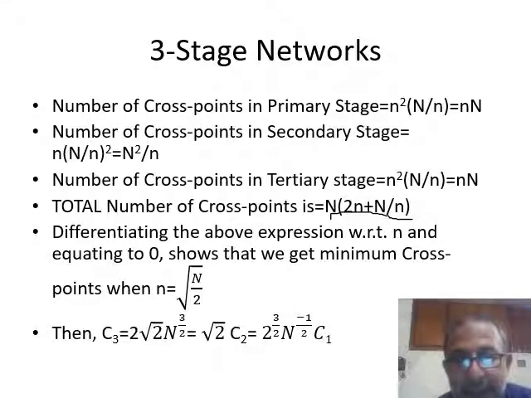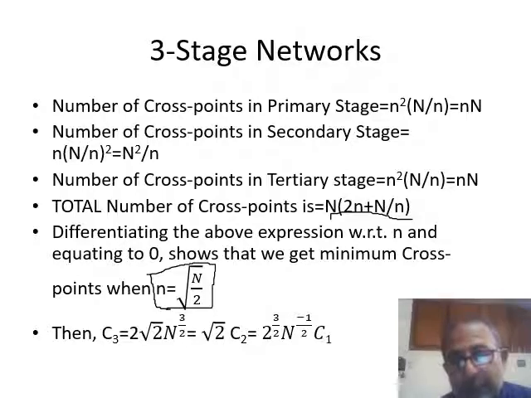And what we get is n is equal to capital N over 2 whole under root. If this is the case, then putting this value of small n, we can have C3 is equal to 2 into under root 2 into n raised to power 3 by 2.